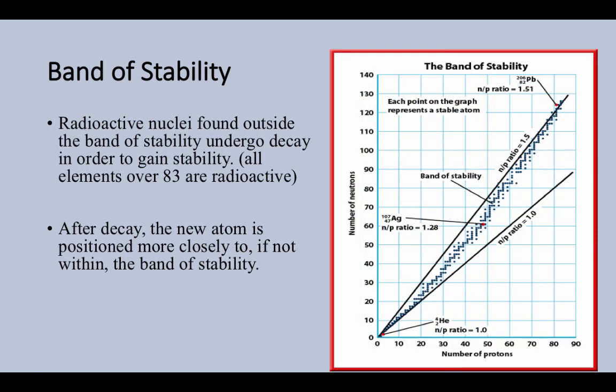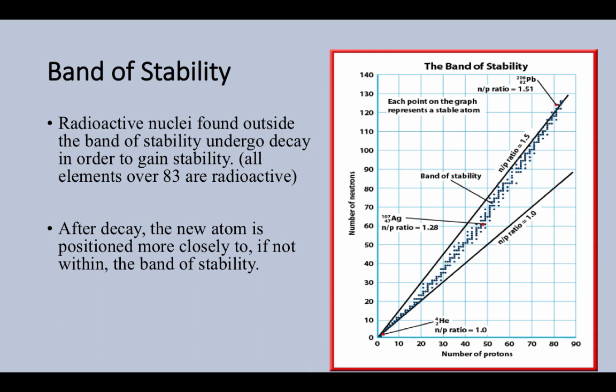You also have this graph, it's called the band of stability. If you could put a sketch of this graph into your notebook, it's important. It shows you the number of protons, which is on the x-axis, compared to the number of neutrons on the y-axis, and it plots the band of stability.